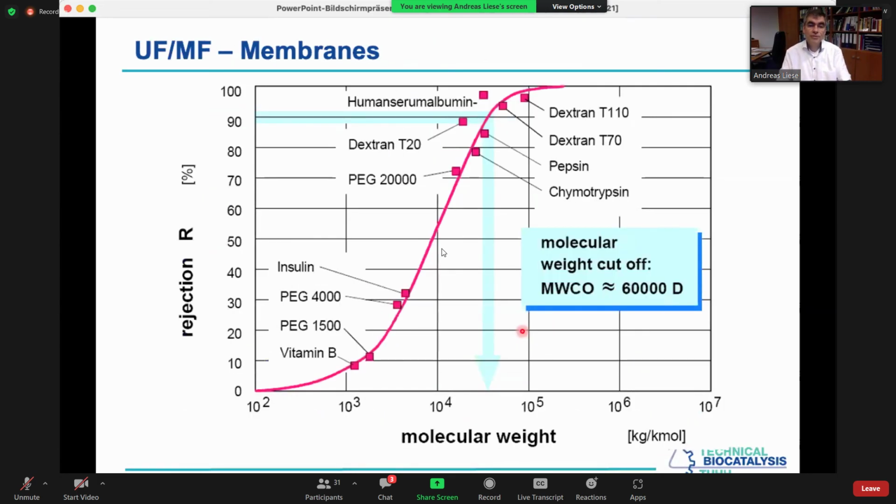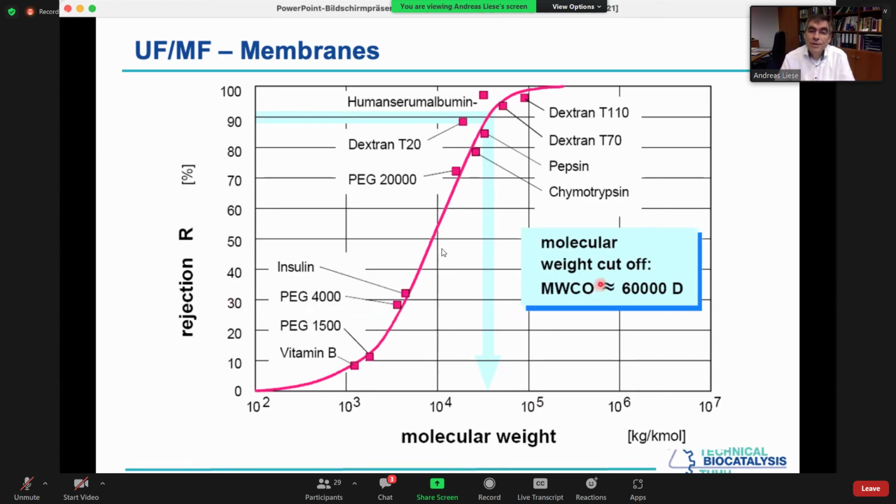Yeah, and because of this, you can see that if we have a specific molecular weight here on the x-axis, we have a resulting specific rejection, and this rejection is how much is retained.